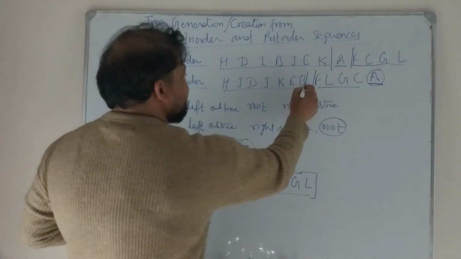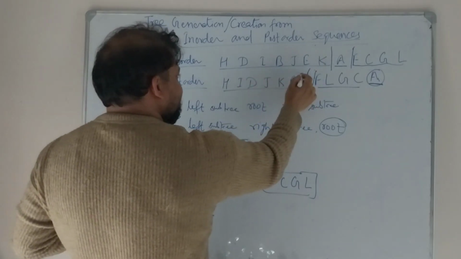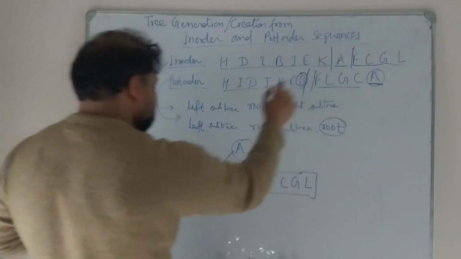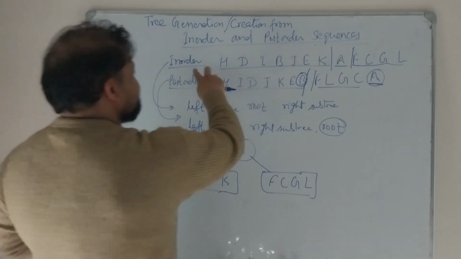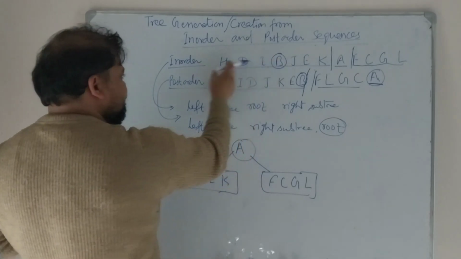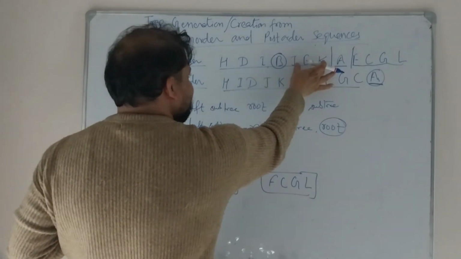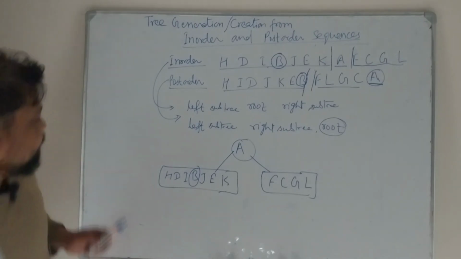This sequence is split over here. In this sequence, B is the root. So once again I'll take B as the root, and in this in-order sequence I'll find its position. This part is the left and this part is the right. So I'll split here.